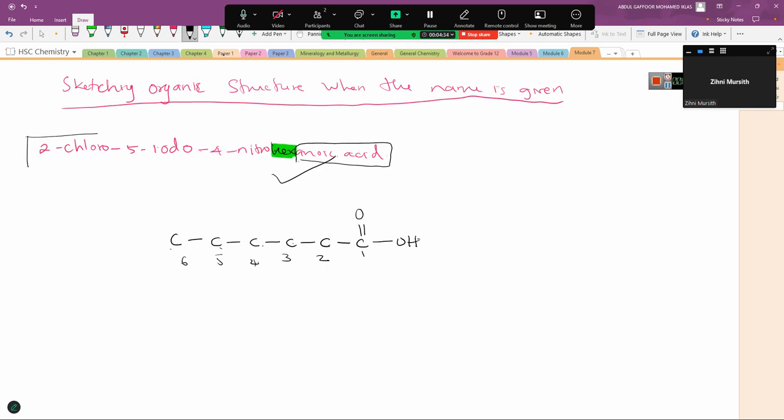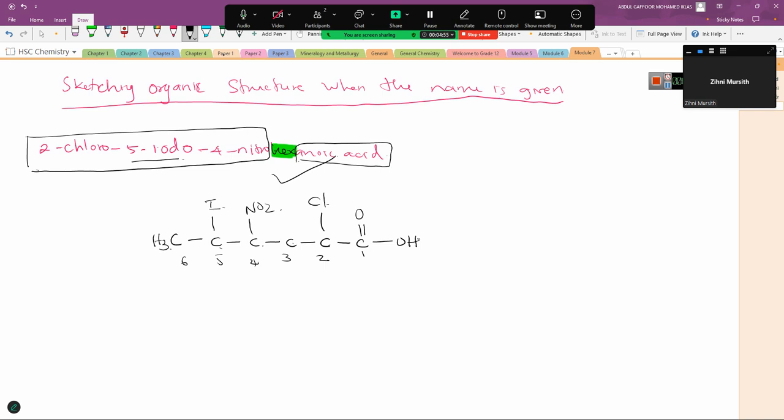Now we have to focus on the substituent groups along with the numbers. In the second carbon we have a chloro, Cl, in the fifth carbon we have an iodine, iodo, and in the fourth carbon we have a nitro, NO2. Finally, for the remaining bonds, we add hydrogen, because carbon should have four bonds around it.